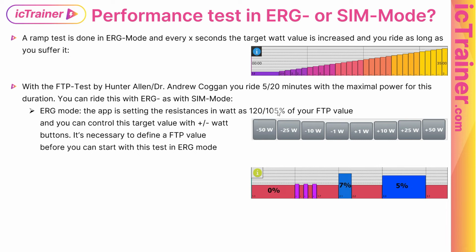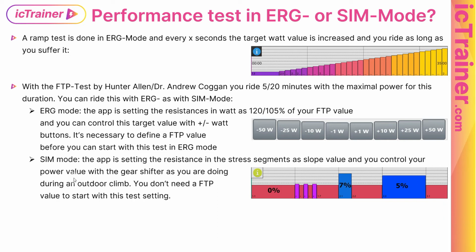Then you have to control it in the app. You have some buttons to add or remove watts, and you check in the app whether you reach a better value in these 20 minutes or 5 minutes or not. Normally it's also necessary to define the FTP value before you can start such a training or test procedure in the ERG mode.